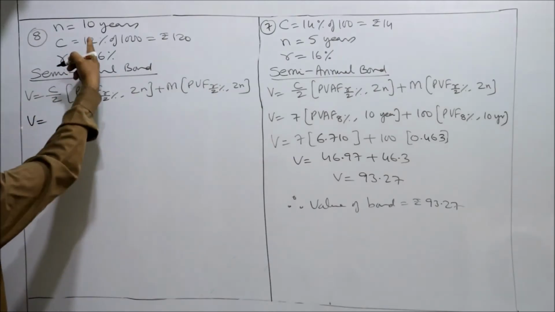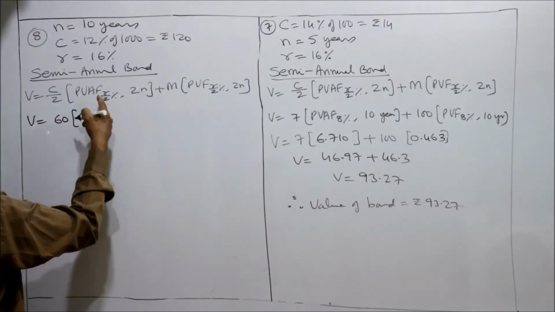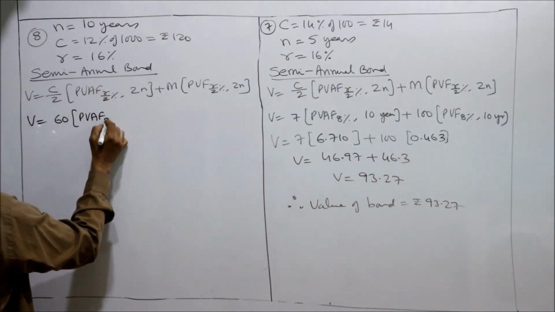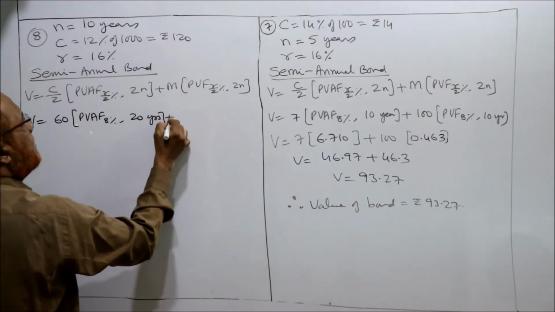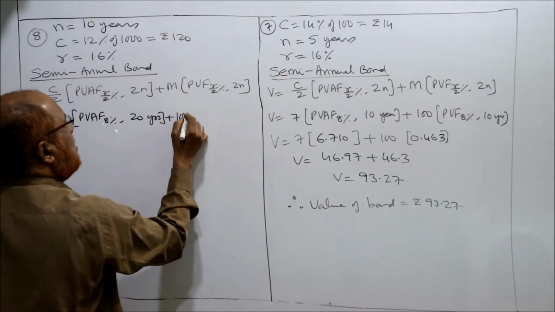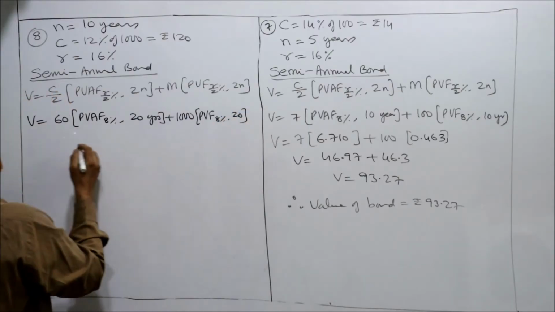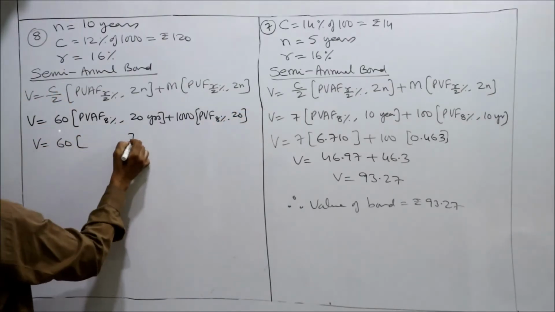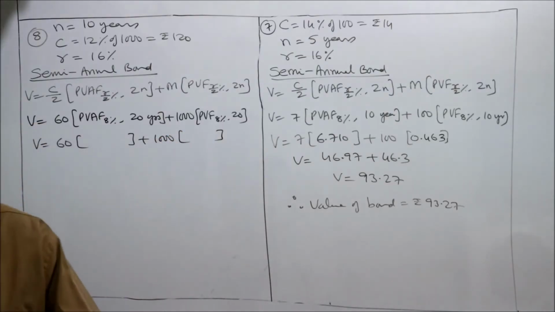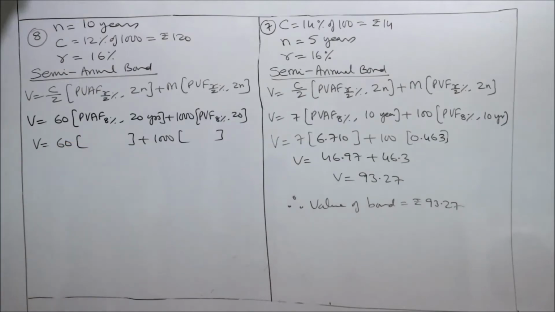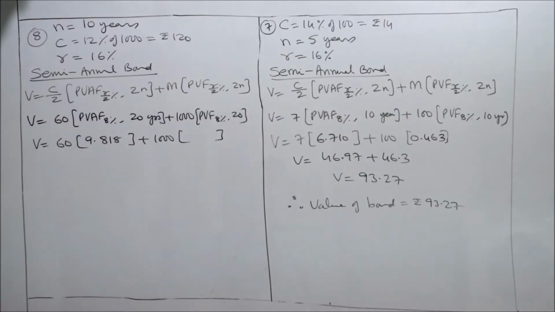So V is equal to C by 2. So 120 by 2 is 60. PVAF R by 2, 16 by 2 is 8%. 2 into N, 20 years. Maturity value 1000. So 8%, 20 years, it comes to 9.818.